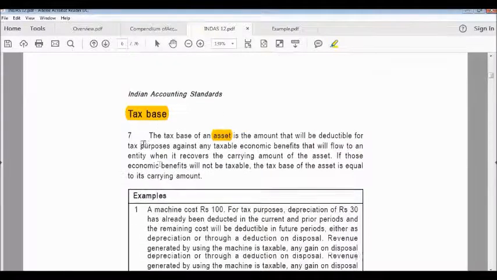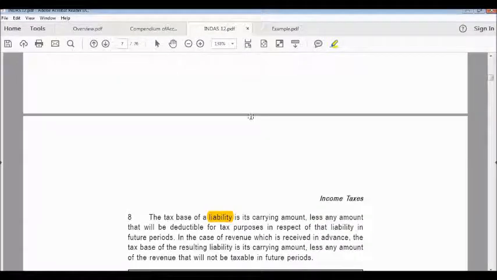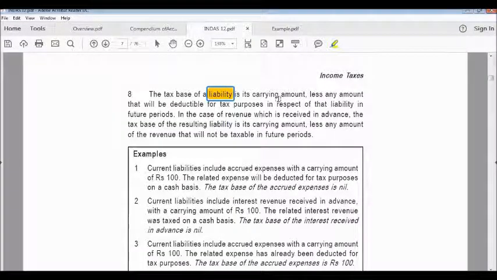It says the tax base of an asset, not the deferred tax asset but an asset, is the amount that will be deductible for tax purposes against any taxable economic benefit that will flow to the entity when it recovers the carrying amount of the asset. And the tax base of a liability is the carrying amount less any amount that will be deductible for tax purposes in respect of that liability in future periods.